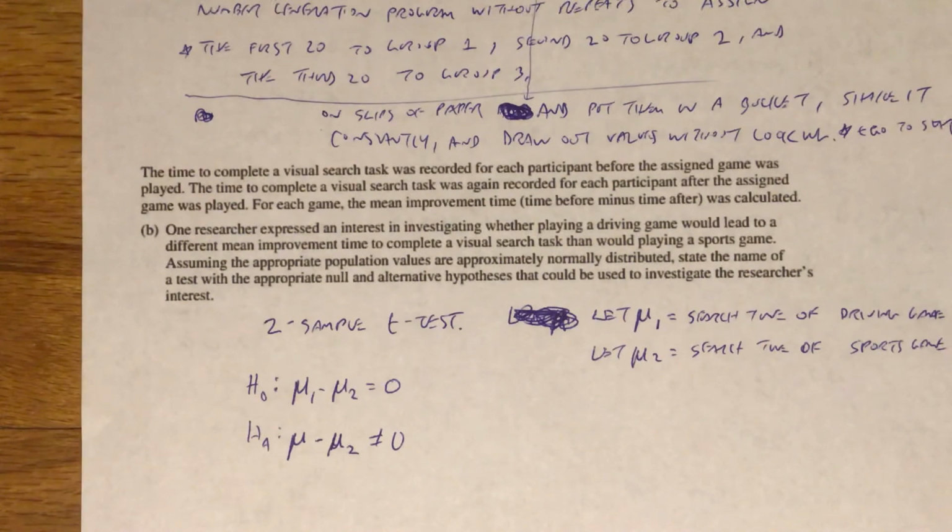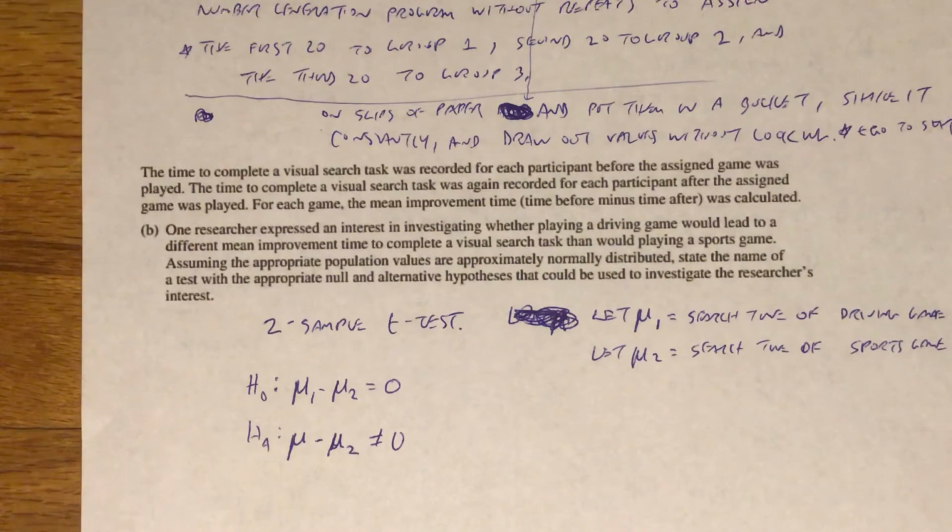So they go, assuming the appropriate population values are approximately normally distributed, state the name. So they're basically saying, assume that this is going to be a good thing, that it'll work. What test would we use, and what would the hypotheses of that test be? So we're looking at the averages from two samples.